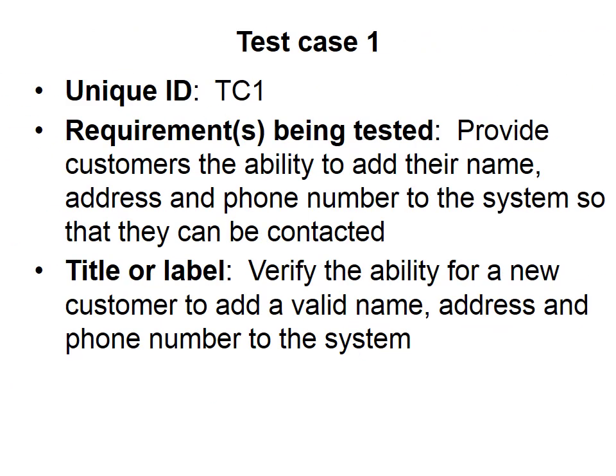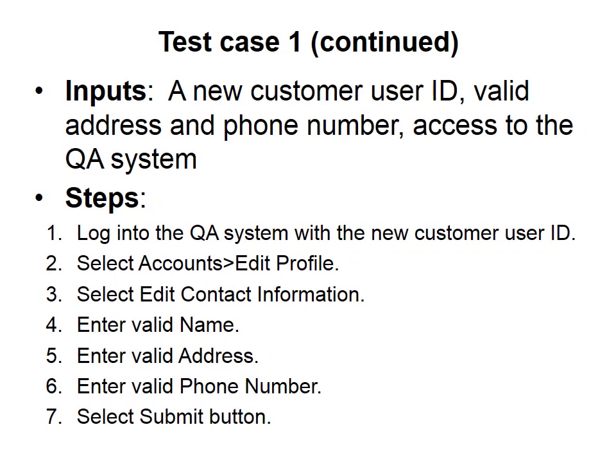For our example test case, we will use a simple unique identifier of TC1. We indicate the requirement being tested, then we add a high-level title or label describing what we are doing in the test case. We need to indicate any necessary inputs so the tester can have them in place before beginning the steps.